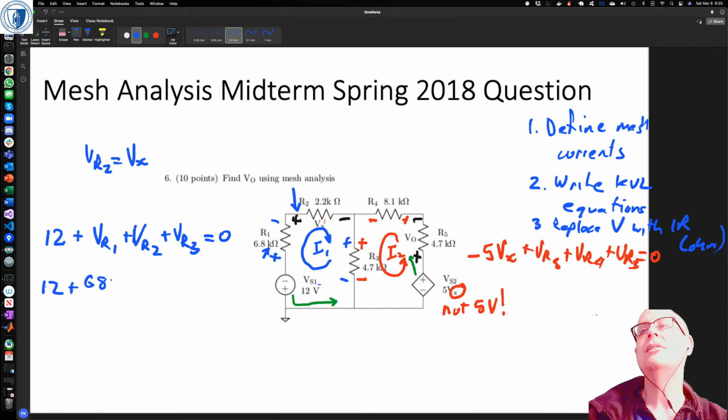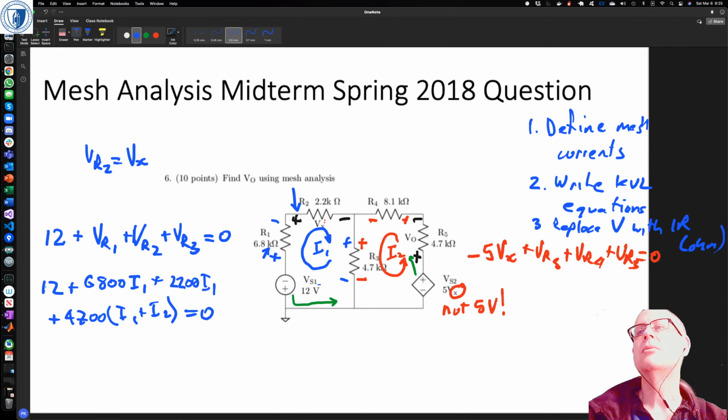We have to have 6800 I1, and then VR2 is 2200 I1, and then R3 has I1 plus I2 going through it, so it's going to be plus 4700 times I1 plus I2, and that's equal to 0.